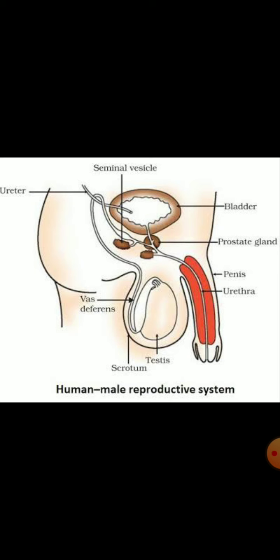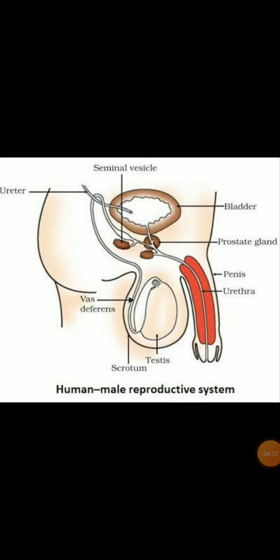So, if these testes are in the body, will sperm formation take place? No. Why? Because sperm formation needs a lower temperature than the normal body temperature, and that is the reason that testes are located outside the abdominal cavity. And as you see in the figure, testes are located in the scrotum.